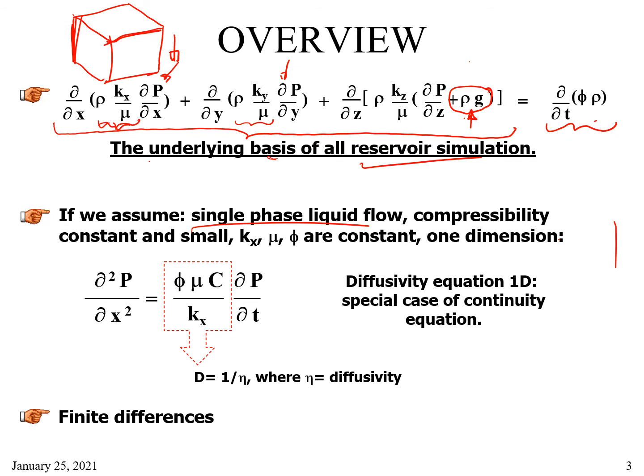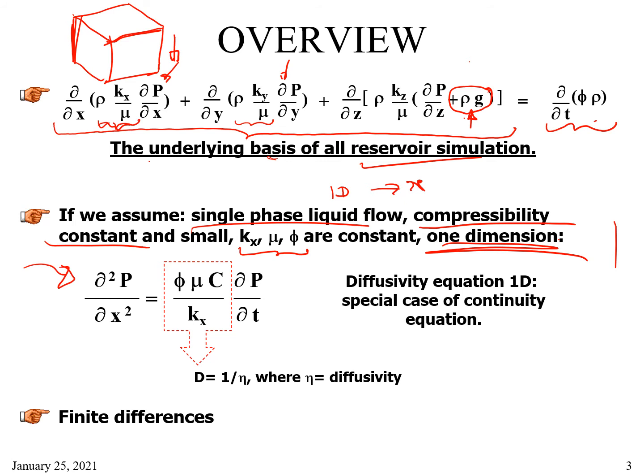But if we simplify that equation further, and we only focus on 1D in the X direction, and we assume the fluid compressibility is small and constant, these three terms are constant like we derived before, you have this, right? We already derived this previously.